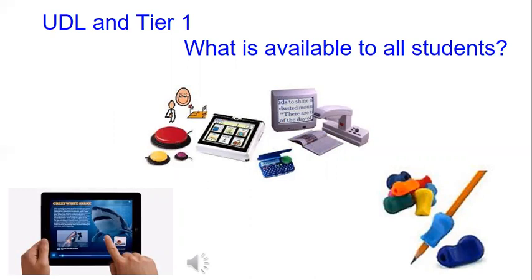Do you have switches or low-tech communication devices or communication boards? Maybe you have some iPads. Maybe you have some pencil grips or special writing paper. The idea here is to look in your closet, pull out some equipment, and see how it matches up with student needs.